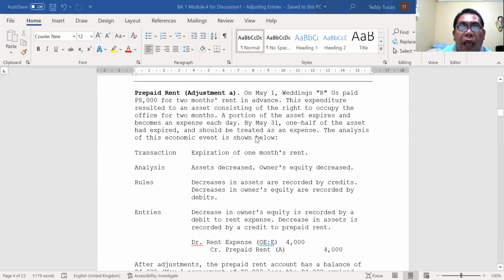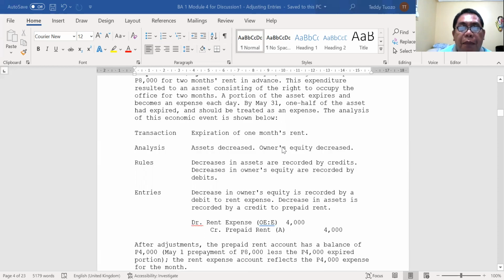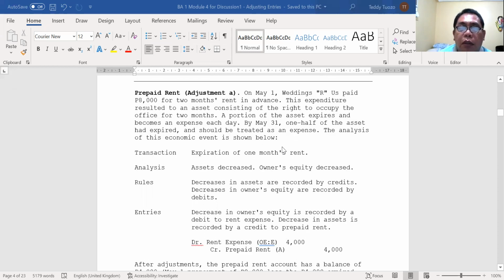Okay, prepaid rent. I have here an example, actually from the book. On May 1, Weddings R Us paid 8,000 for 2 months' rent in advance. This expenditure resulted in an asset consisting of the right to occupy the office for 2 months.